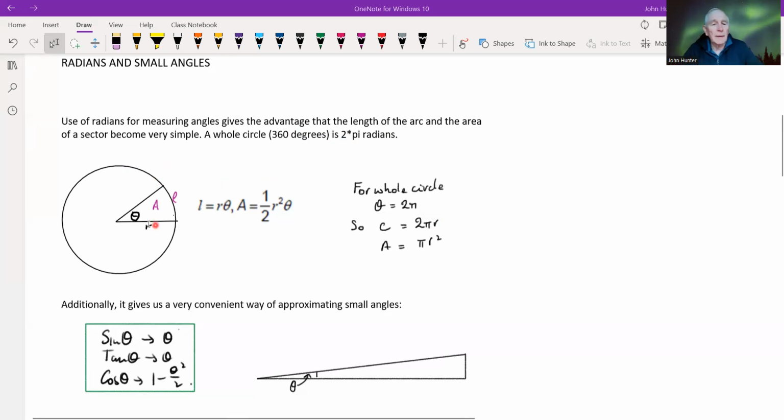So if we look at this sector that we've got drawn here, and the angle that defines it is theta. Now the whole circle would be 2 pi, half the circle would be pi, and therefore this bit would be pi over 4.